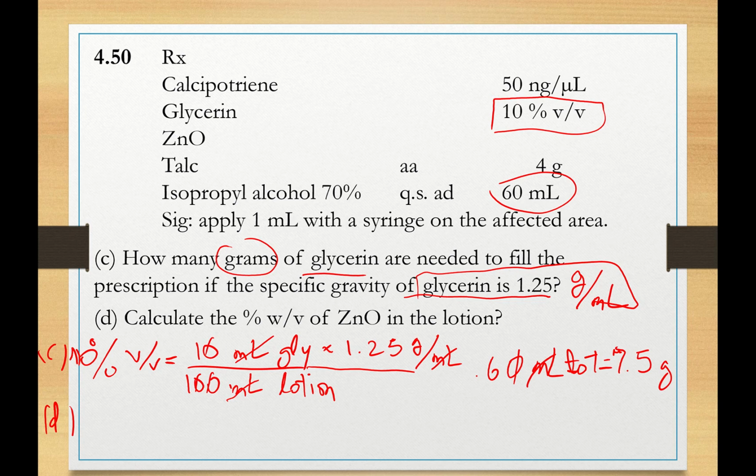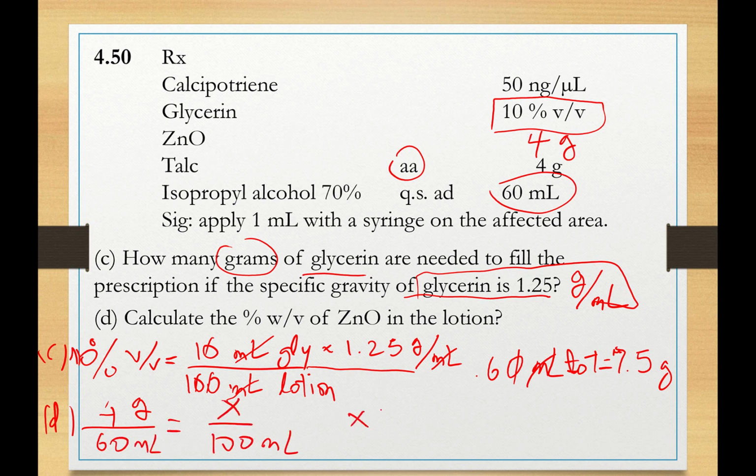The last one is to calculate the percent weight per volume of zinc oxide in lotion. So here zinc oxide we have this AA here, so it must be 4 grams also of zinc oxide, and this 4 grams is in 60 ml. So I have 4 grams in 60 ml. In 100 ml, how much? And X is equal, we just have to cross multiply here.